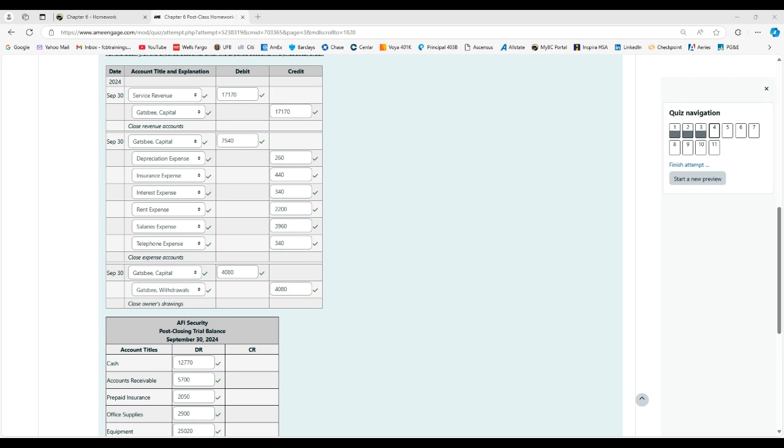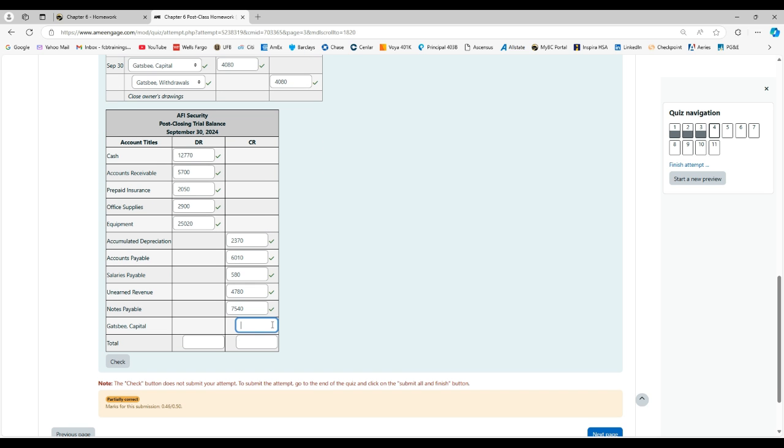But same outcome essentially. So we're going to increase capital by 17,170 for revenue. We're going to decrease capital by 7,540 for the expenses, and then we're going to decrease capital by 4,080 for the withdrawals, leaving us with 27,160. And then let's sum up.